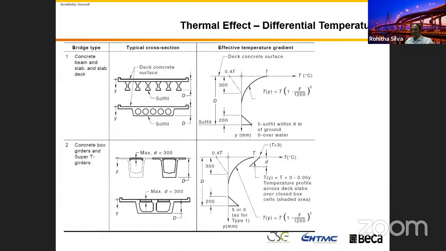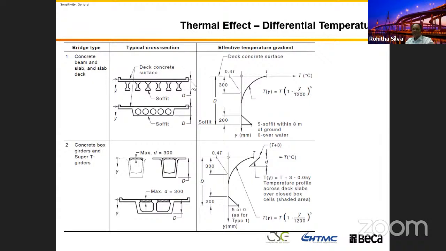So because of the radiation on the bridge deck, and because of the different bridge configurations and superstructures, the distribution of the temperature is given in these tables.